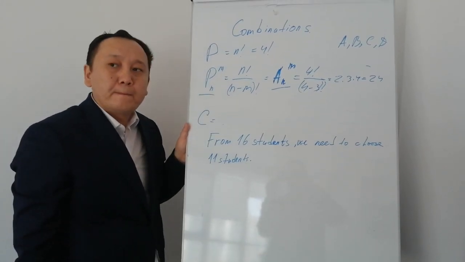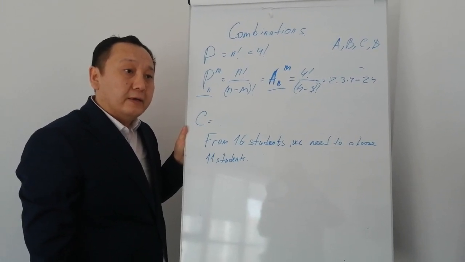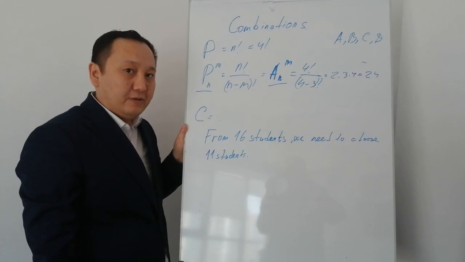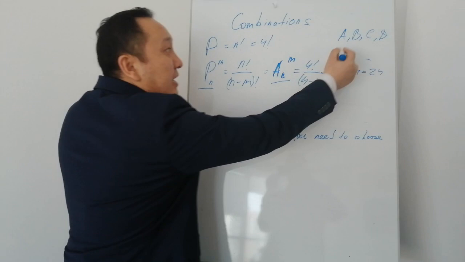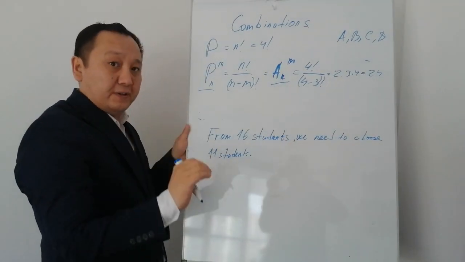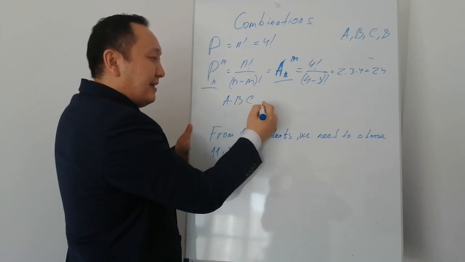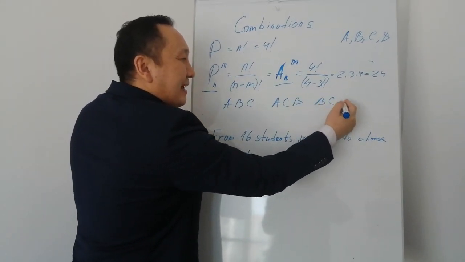Combination is a selection of objects where the order is unimportant. So for example, if we are choosing only 3 from A, B, C, D, then for permutations it is ABC, or ACB, or BCA.